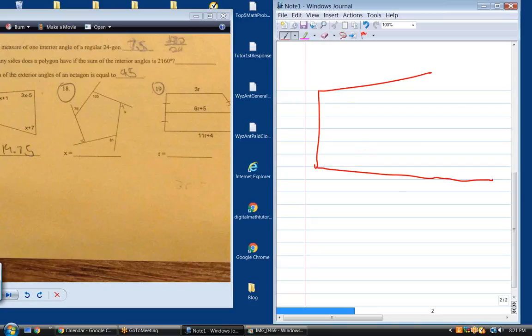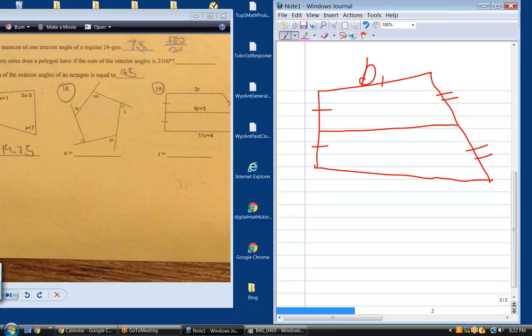I can draw it like this. And I can still draw a line that bisects that and bisects this. And that midpoint is not parallel to any of those two sides. However, it would still be the average between this.